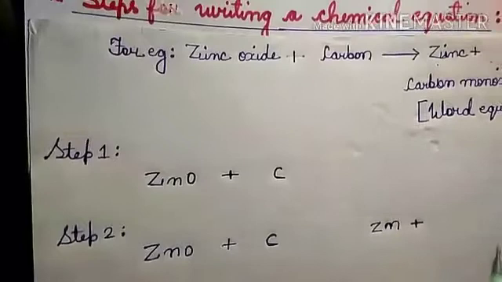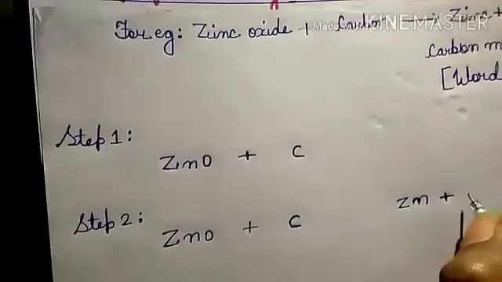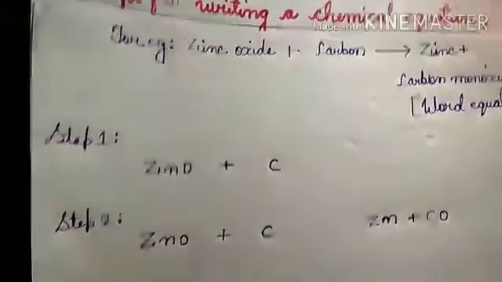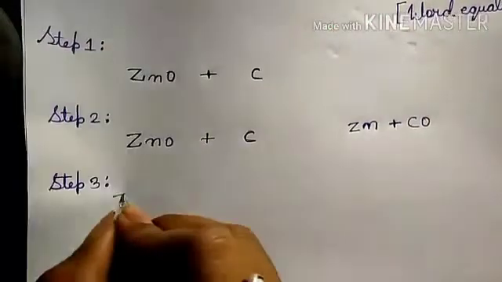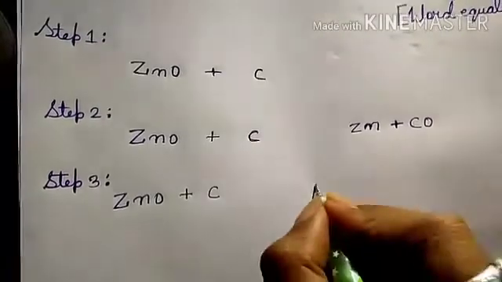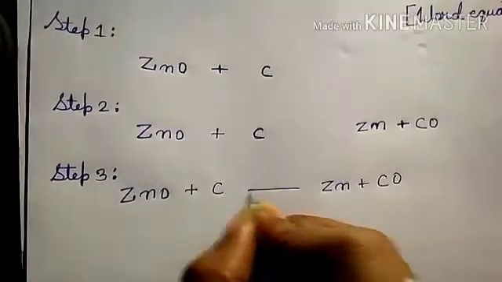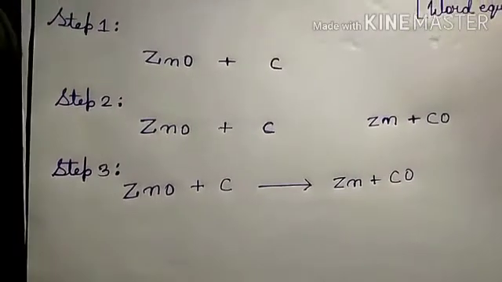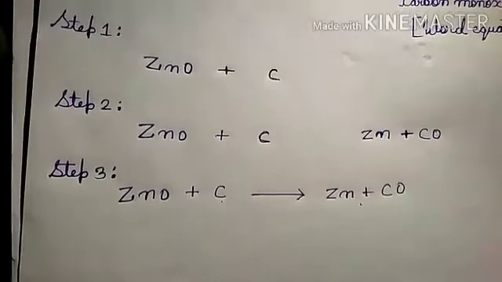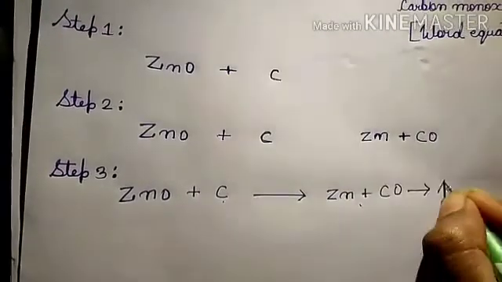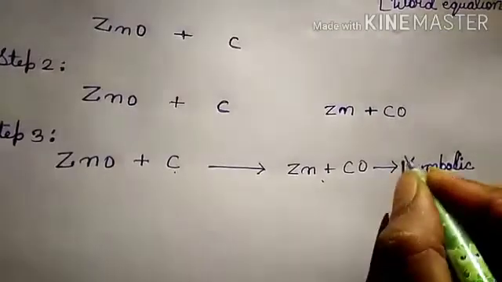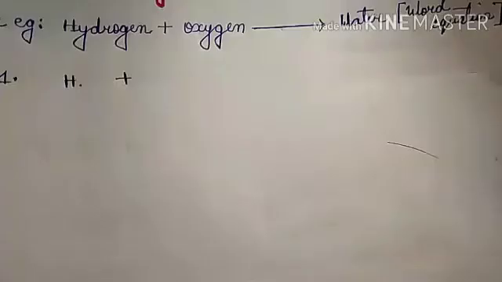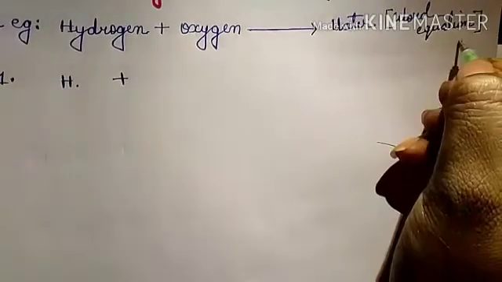Here there is zinc plus carbon monoxide, Zn plus CO. In the third step, we put the sign of an arrow in between the reactant side and the product side. This is the representation of the reactants and the products in their molecular form, and this is known as a symbolic equation.